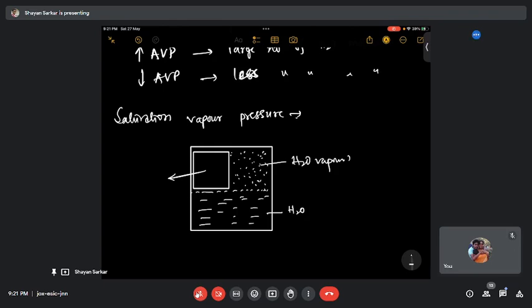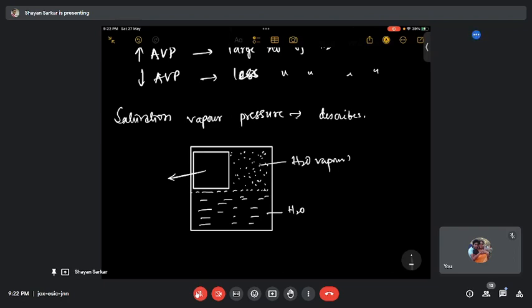Clear or not? How much water vapor is required to saturate the air at the given temperature.